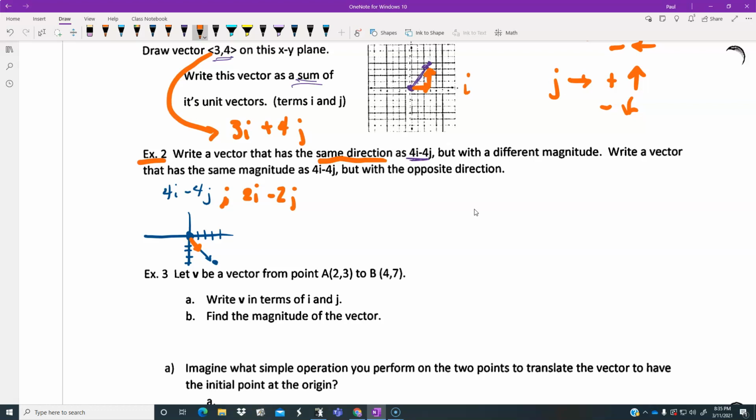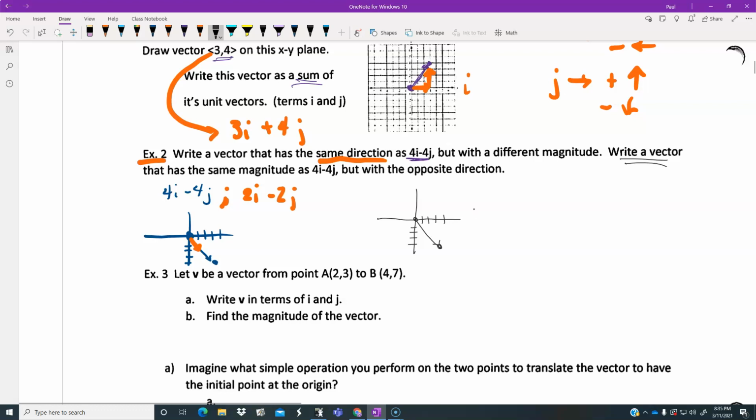You get the idea? Now, let's continue to try a couple of these other ones. Could you write a vector that has the same magnitude as 4i and 4j? So again, I'm going to go back to that 4i, 4j concept, and I want one that has the same size or magnitude.